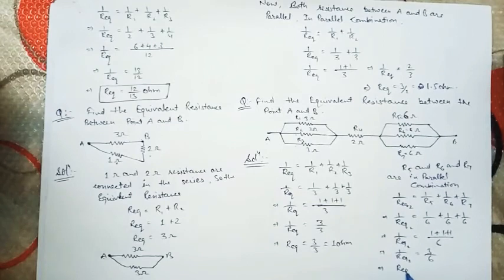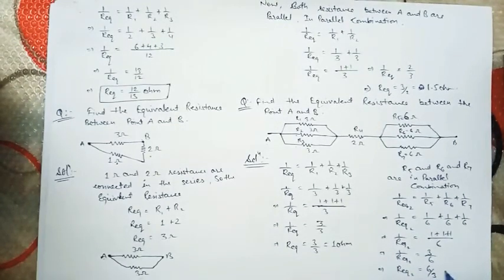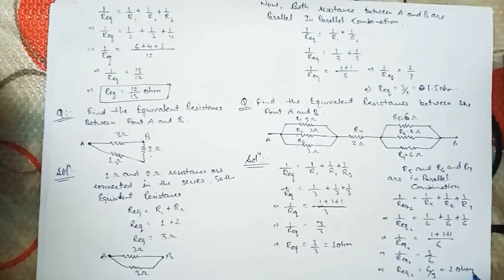So R equivalent 2 equals 6 upon 3, that is 2 ohm.